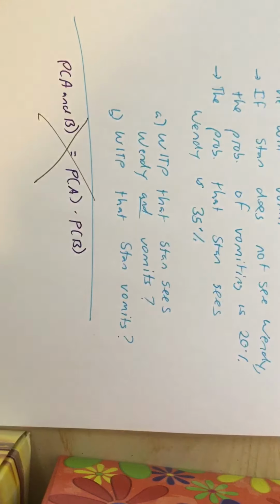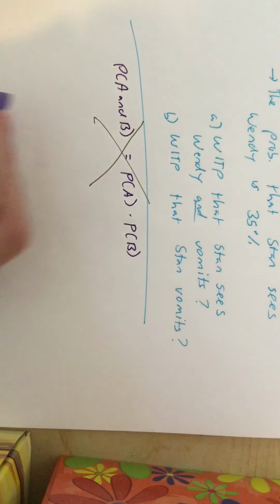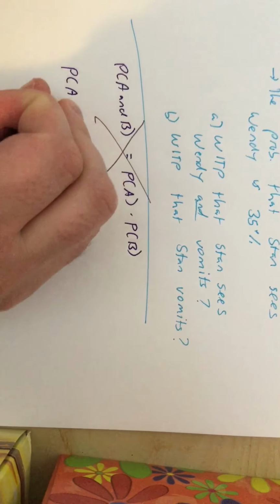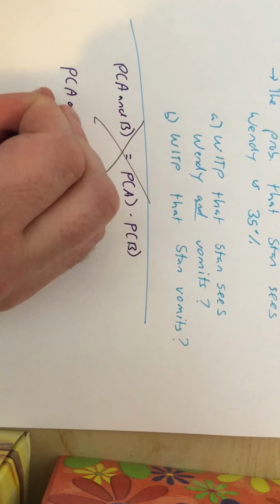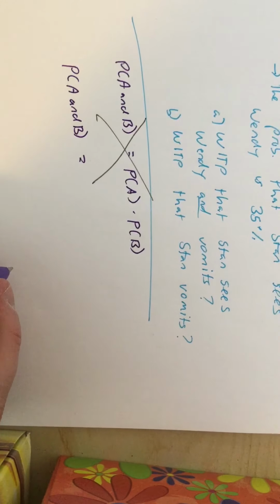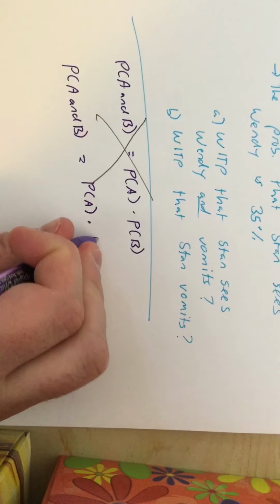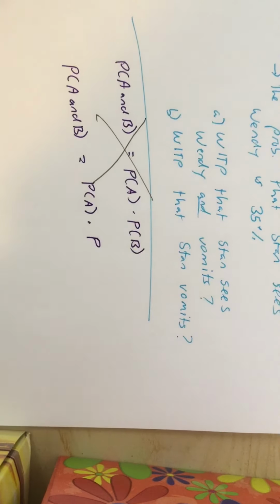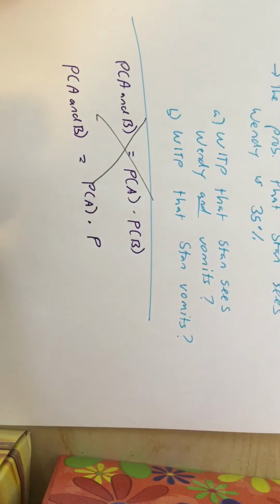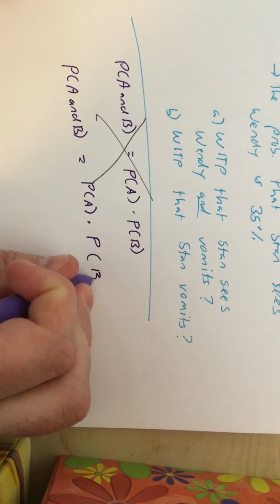The formula becomes the probability of A and B is the probability of A times, and you may or may not recall this, because right before we went off on our quarantine hiatus, I had a vertical line.